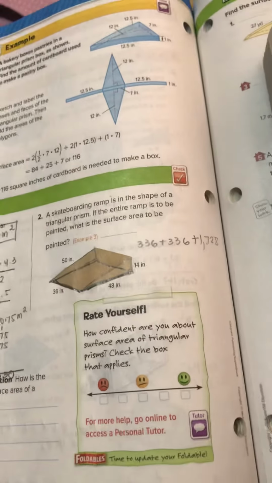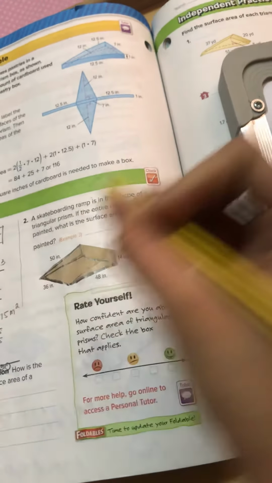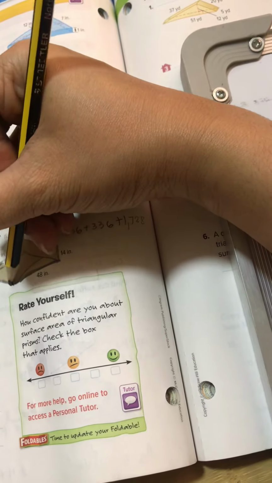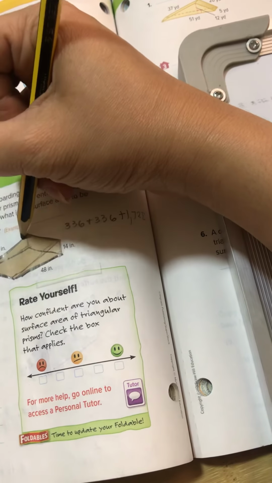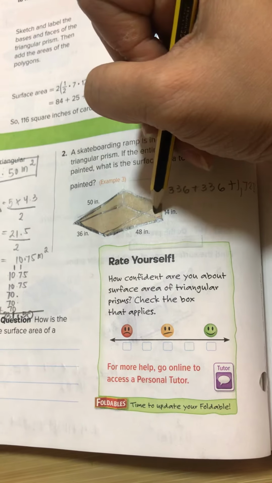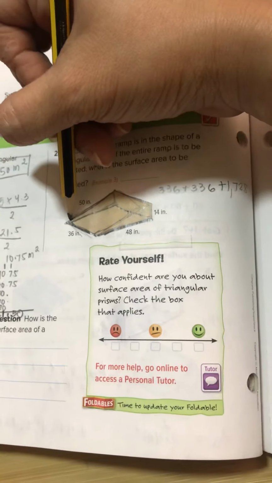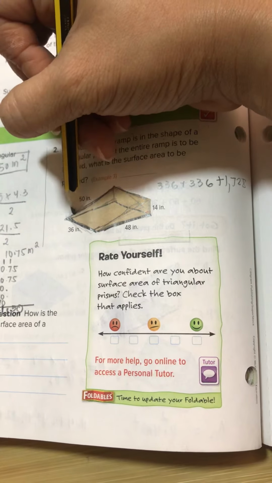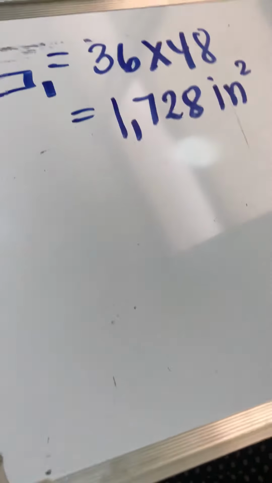Okay, now let's solve for this part of the rectangle, the top. The height is 36 and the length or the base is 50 inches. 50 multiplied by 36. That's for our next rectangle.